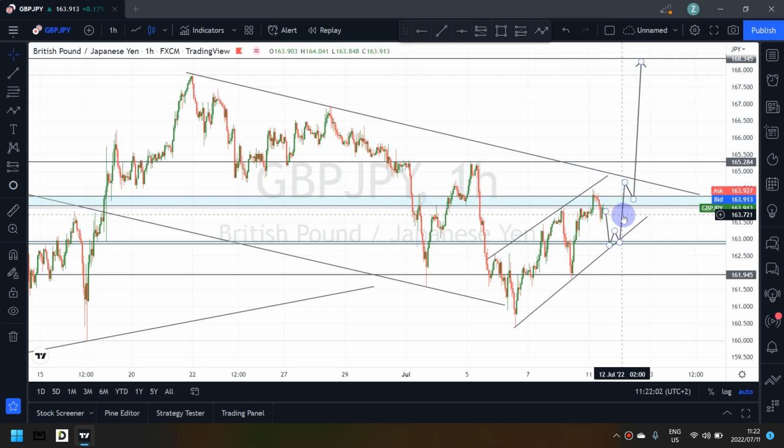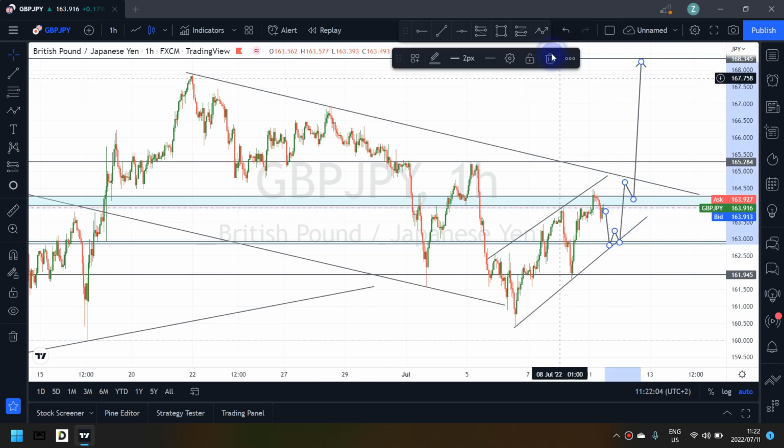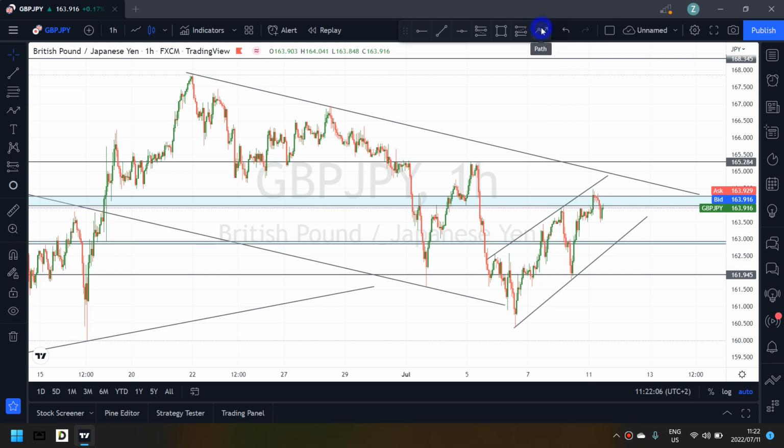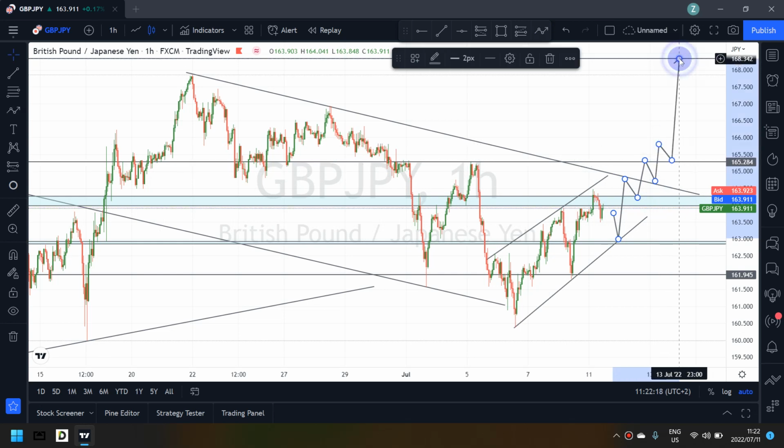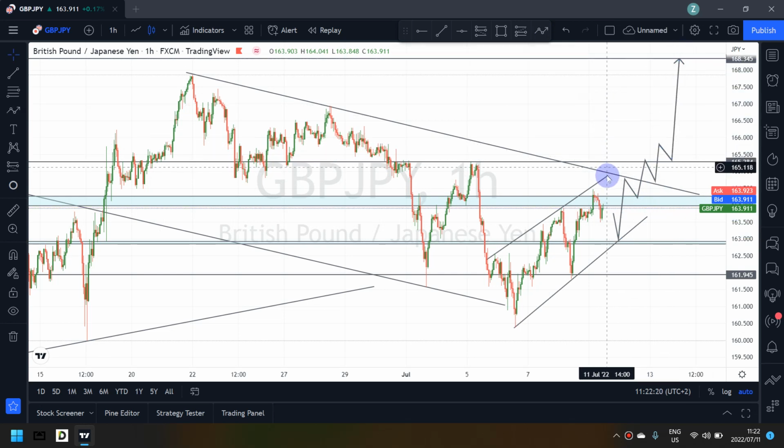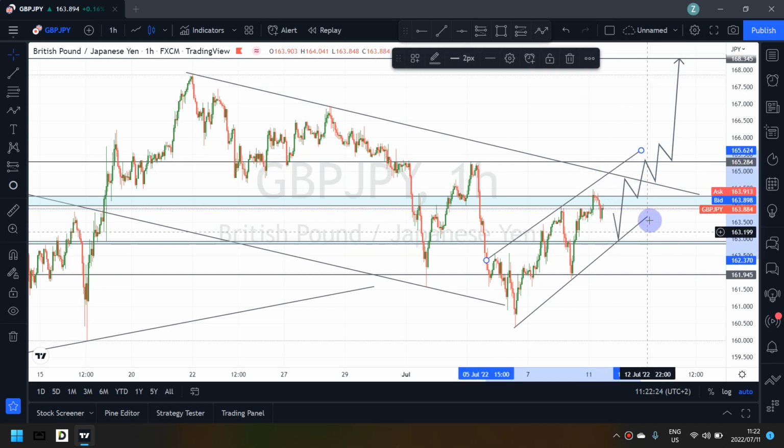So basically for this pair, these are the setups for buys: breakout, retest, push to the upside, right? Also following the trend.